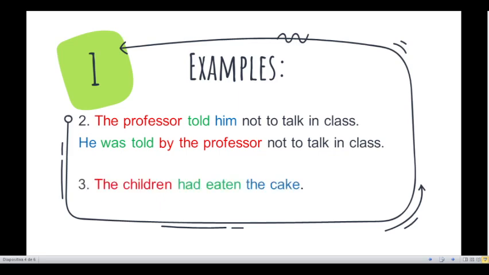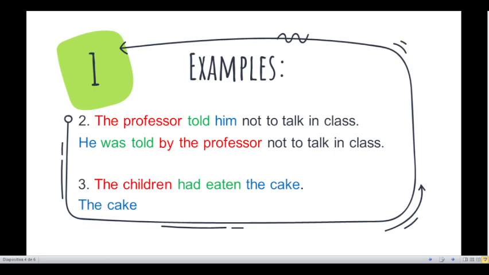Number 3. The children had eaten the cake. The children is the subject. Had is the auxiliary verb. That is telling us that the sentence is in past perfect. Eaten, main verb, and finally the object, the cake. So let's put the object in the place of the subject, the cake.